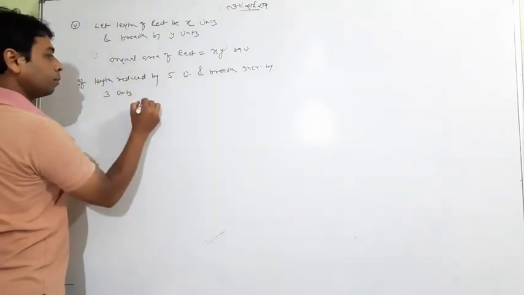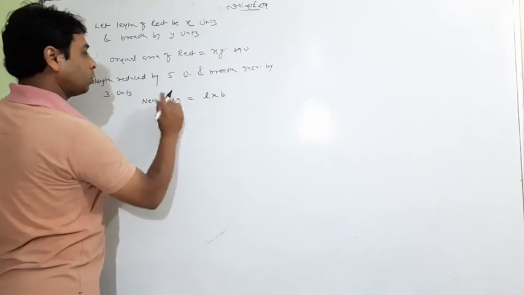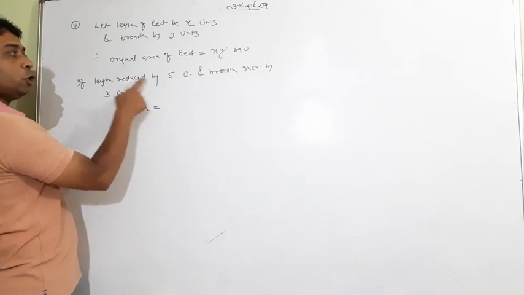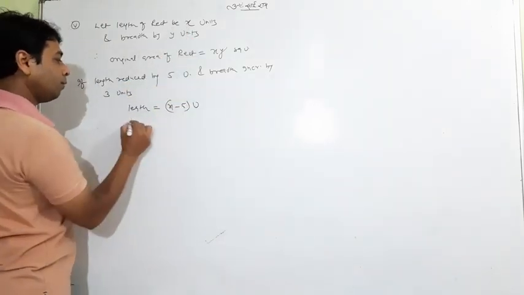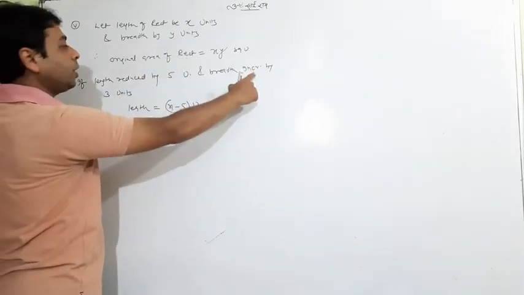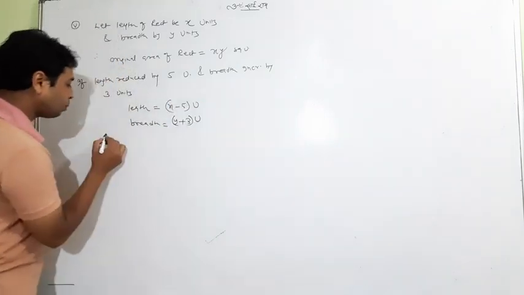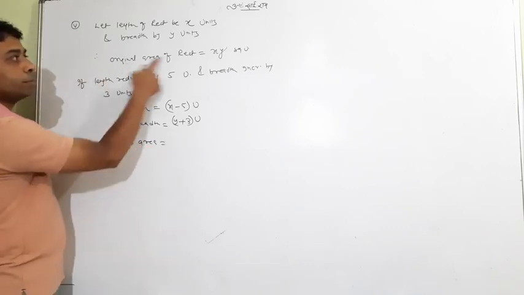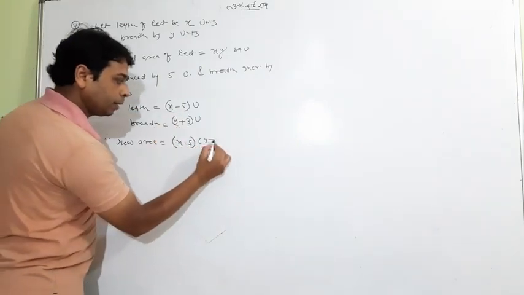The new area will be length into width. The length was x, reduced by 5, so the new length will be x minus 5, and the new breadth will be, this time the breadth was y, increased by 3, meaning y plus 3 units. So as per the question, the new area will be length into width.